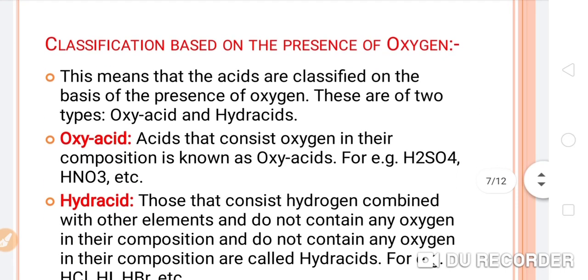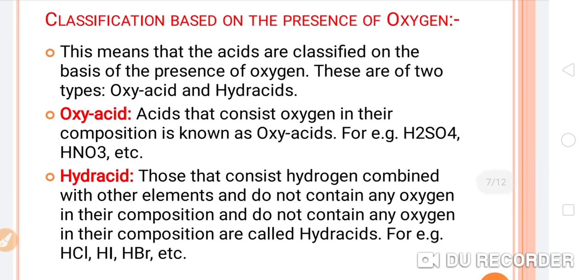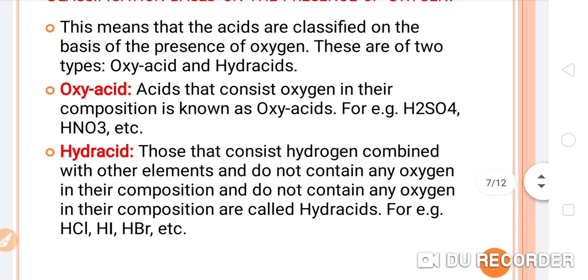Now next, classification based on the presence of oxygen. So let's see. This means that the acids are classified on the basis of the presence of oxygen. These are of two types. Number first, oxy acids and hydra acids. So number first, that is oxy acid.